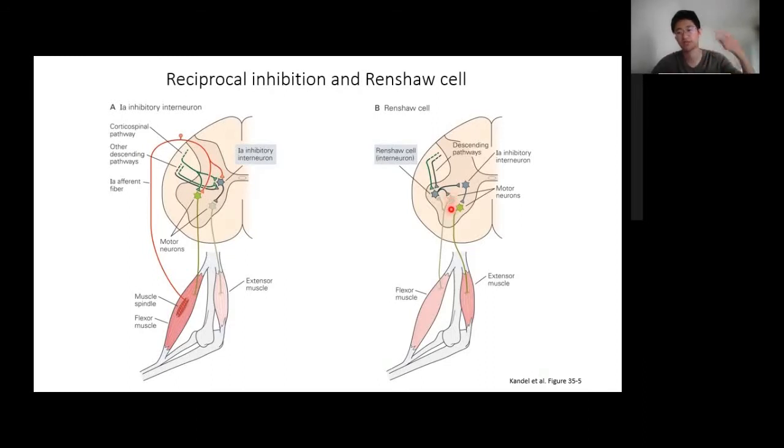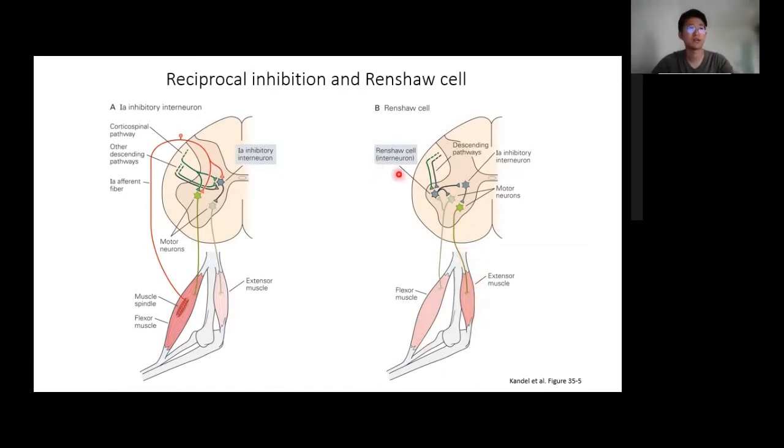So it's kind of a recurrent loop, and it also decreases the activity of motor neurons. Simultaneously, it also sends inhibitory input to the interneuron that connects with the opposite muscle, and so it has the opposite effect on the opposite muscle.